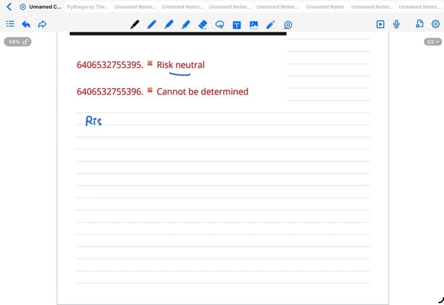What is risk-averse? Risk-averse, risk-neutral and risk-loving. There are three types of conditions.